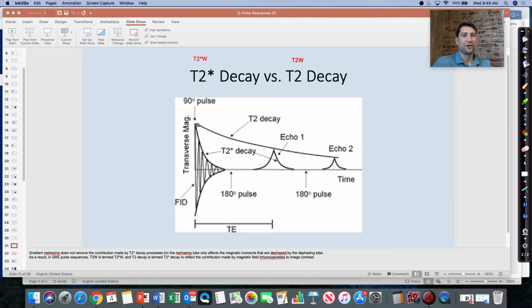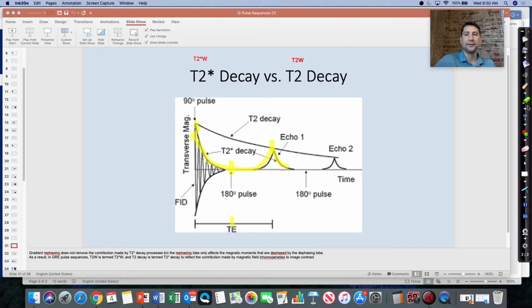Our spins, after our 90-degree excitation pulse is turned off, they start to decay, and they decay pretty much down to zero. Zero signal from those spins. But then we apply this 180-degree refocusing pulse at half of TE, and then they slowly start to rephase until peak amplitude, and then they start to dephase again. So you can see here, by the time we read out our signal, our spins have regrown.